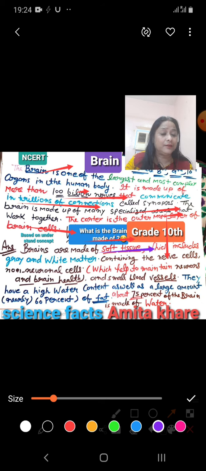The nerve cells are found inside the gray and white matter, and the gray and white matter are found inside the brain.